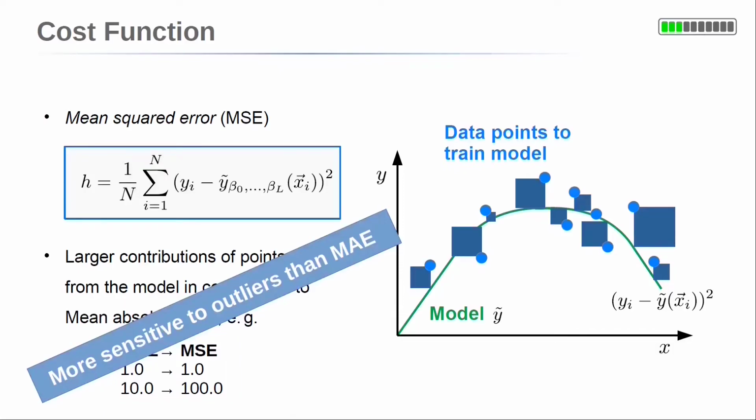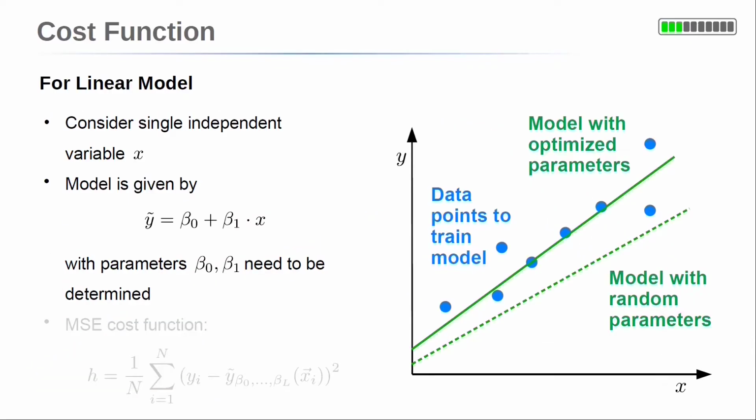So mean squared error is much more sensitive to these outliers in the data than mean absolute error. Let's reconsider the linear model with a single independent variable x. The model was beta 0 plus beta 1 times x, with the trainable parameters beta 0 and beta 1.